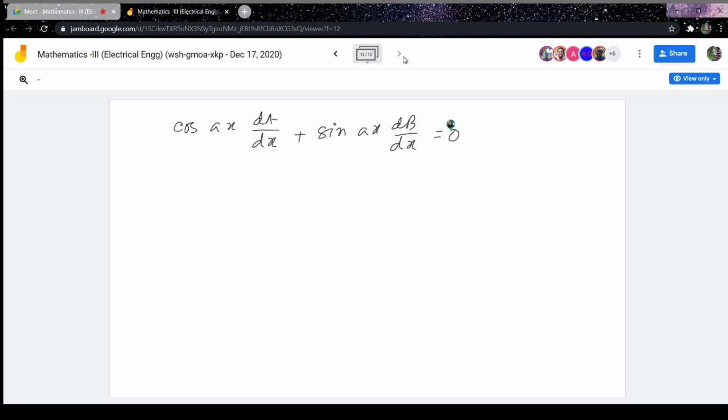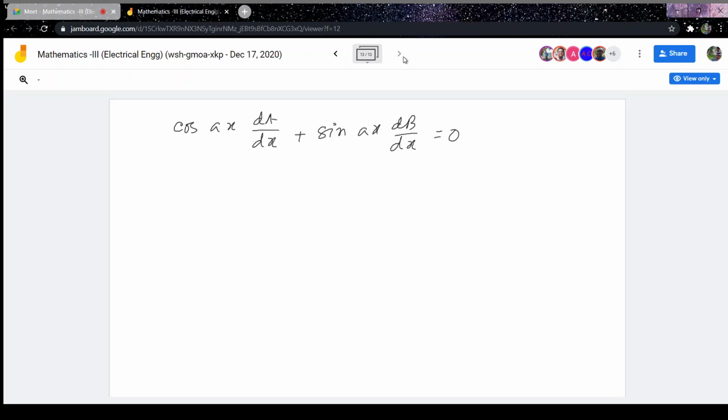This equation is nothing but a cos ax da dx plus sin ax db dx, and the second equation is this one, sin ax da dx plus cos ax db dx, multiplied with plus 1 and minus 1.